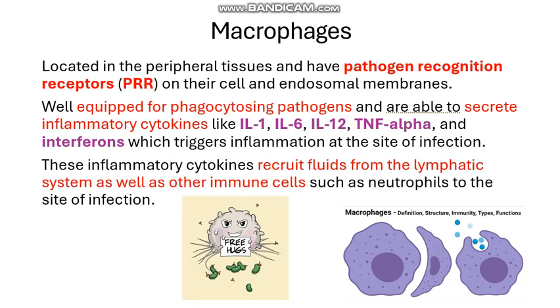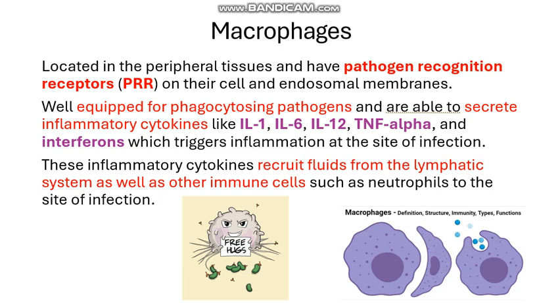So the first one, macrophages, are located in the peripheral tissues, close to the end of where these tissues are. So think the skin, they would be closer to the dermis. This means tissues away from central organs or from the center of an organ.